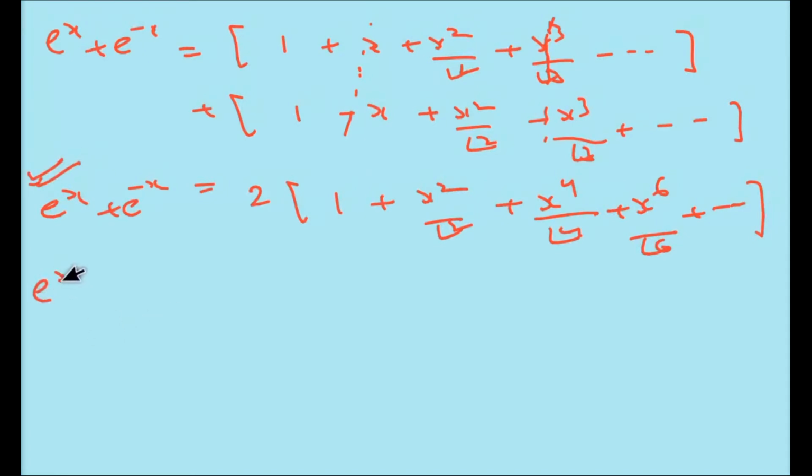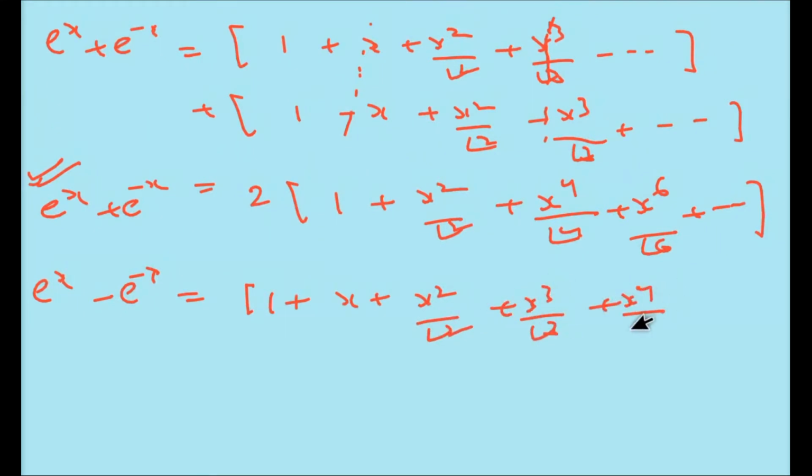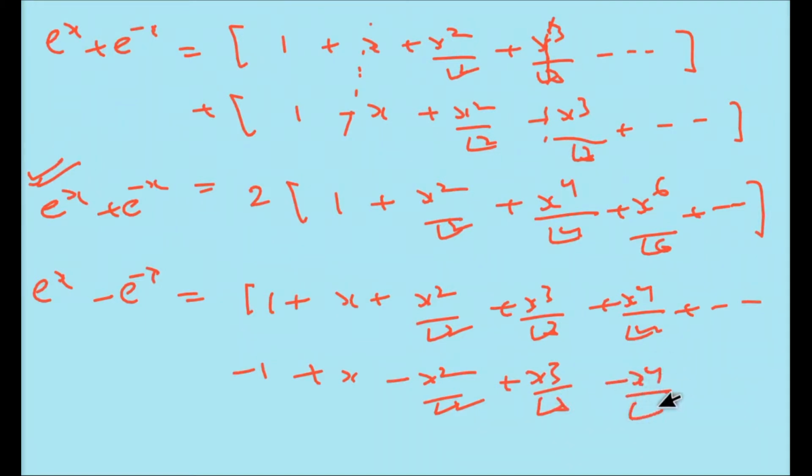Similarly, if we subtract it, then the even terms will be cancelled and the odd terms will be doubled. So we can say 1 plus x plus x square upon factorial 2 plus x cube upon factorial 3 plus x to the power 4 upon factorial 4, minus 1 plus x minus x square upon factorial 2 plus x cube upon factorial 3 minus x to the power 4 upon factorial 4.